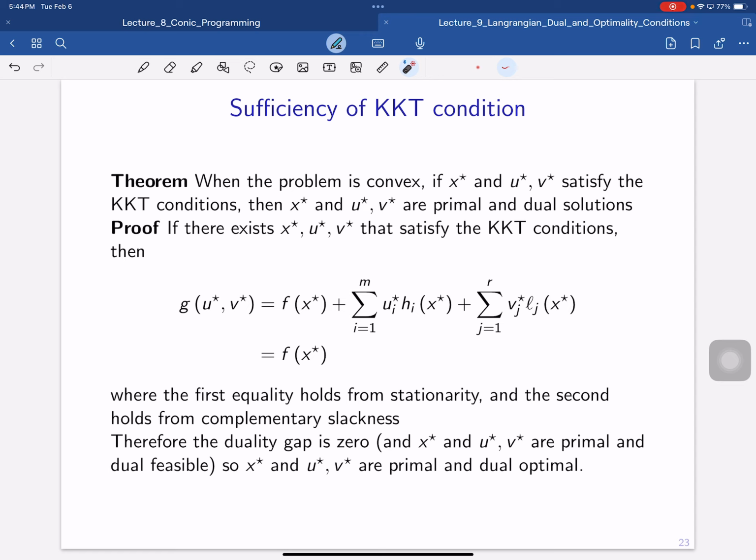So now the proof is quite simple. If there exists a primal dual pair that satisfies the KKT conditions, basically you can show that you have strong duality, where the first equality holds from stationarity, because when the problem is convex, as long as the gradient is 0, then you get the global minimizer, right? And the second comes from complementary slackness, which is this term goes to 0. Okay. Therefore, the duality gap is 0.